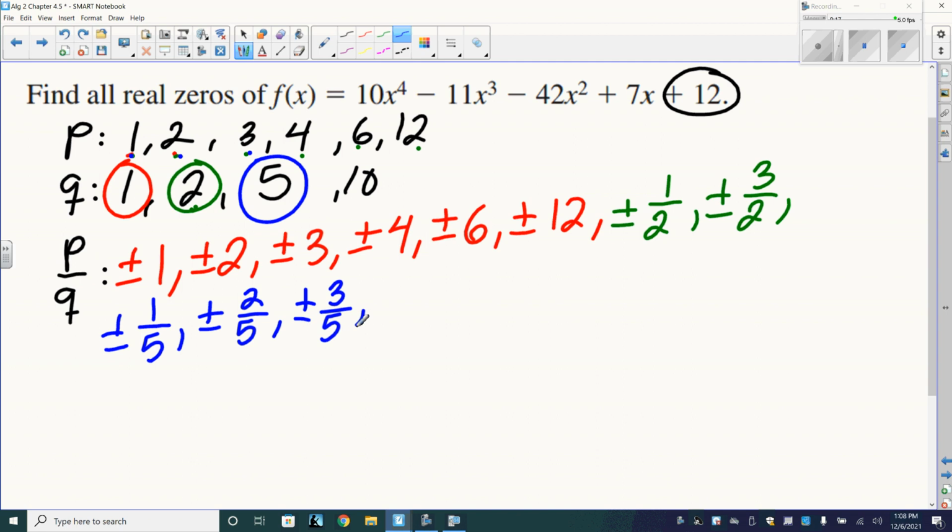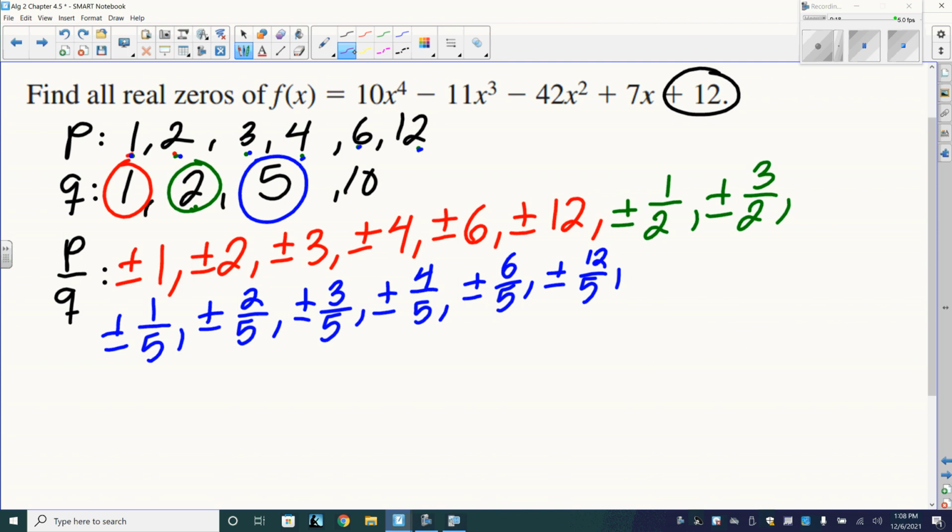Then we would do 4 next. 4 divided by 5 would be plus or minus 4/5. Then we'll have 6 divided by 5, which is plus or minus 6/5. And lastly, 12 divided by 5 is going to be plus or minus 12/5.